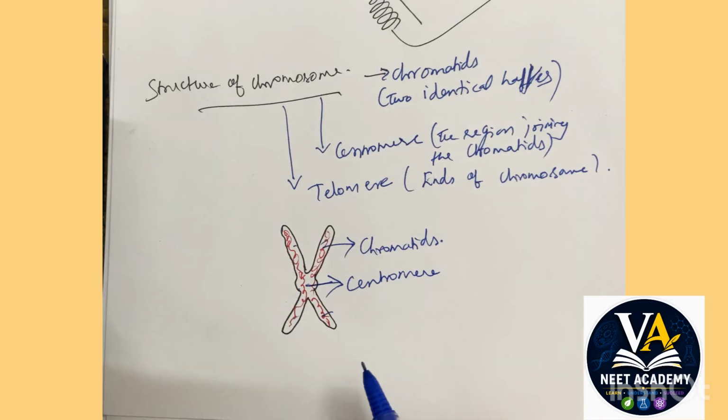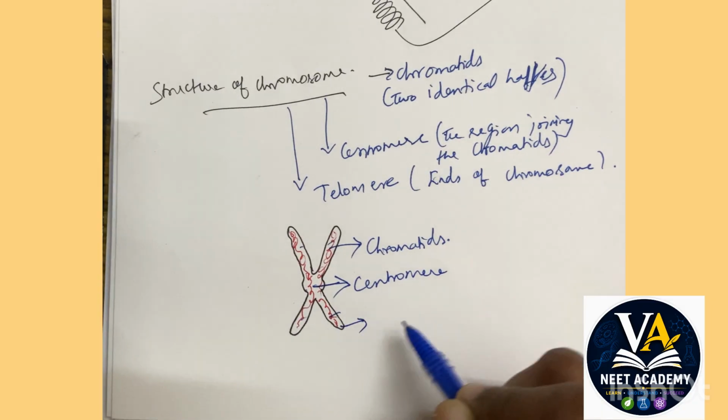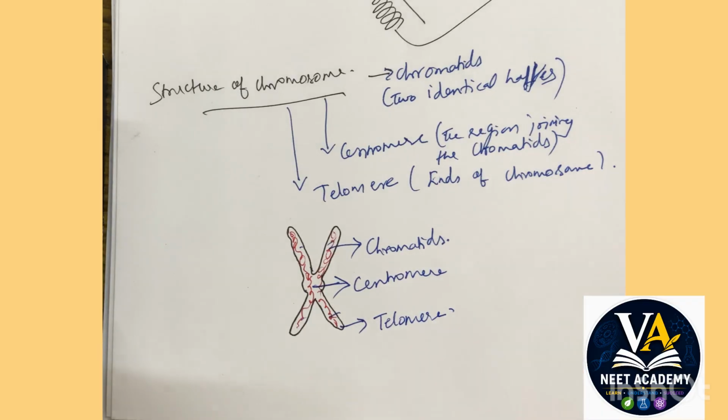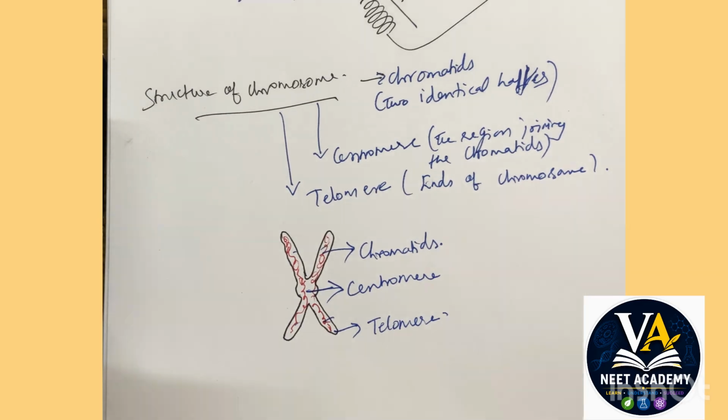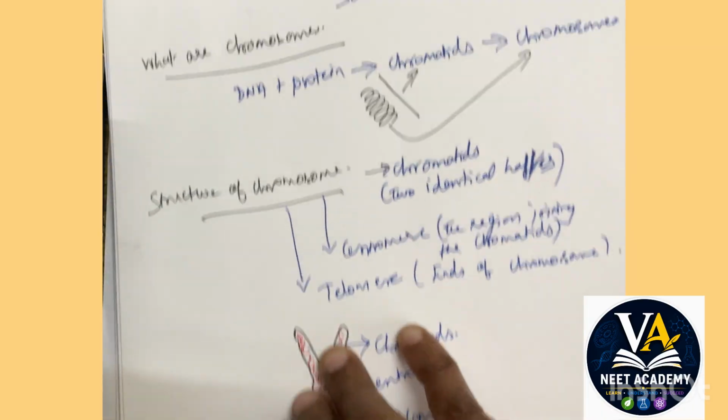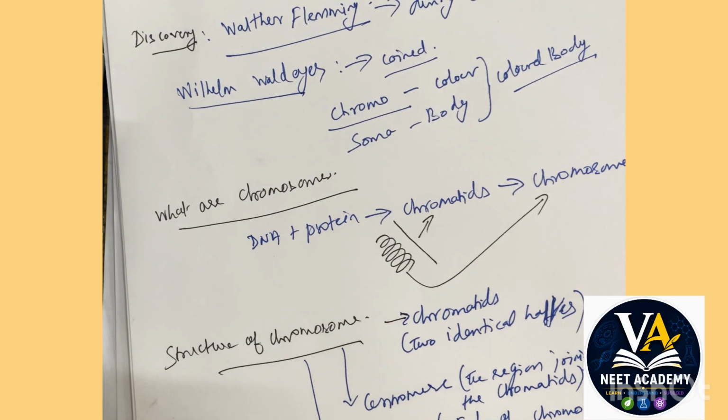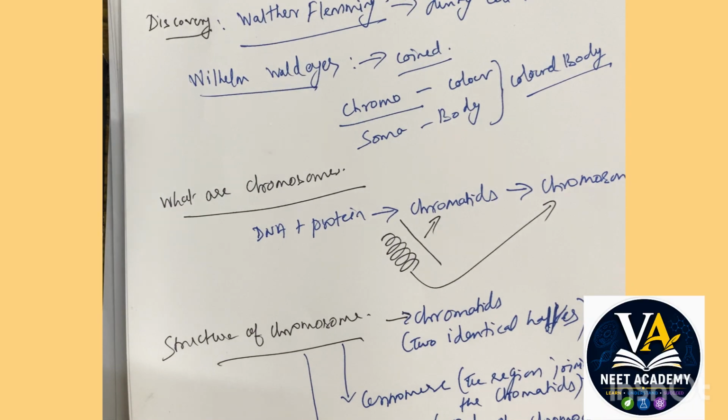Centromere, and the end one is called telomere. The end of a chromosome is called telomere. Hope it is clear, class. So, this is how you can draw the structure of a simple chromosome for your understanding. Next we will move on to our next topic, which is the function of chromosomes.